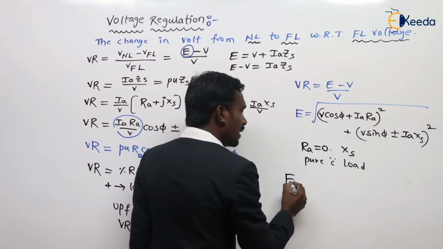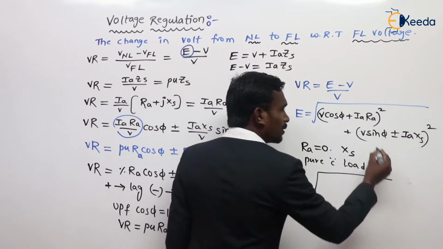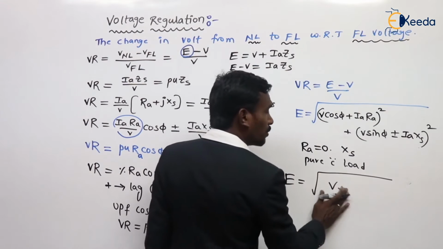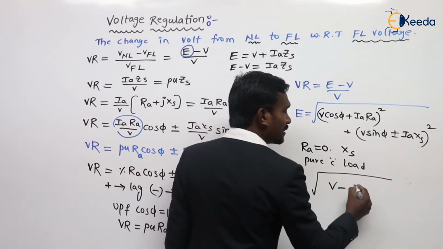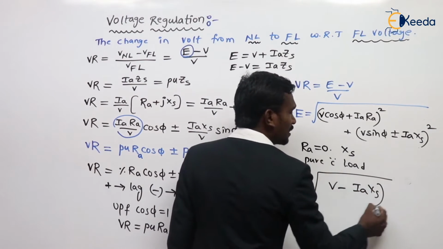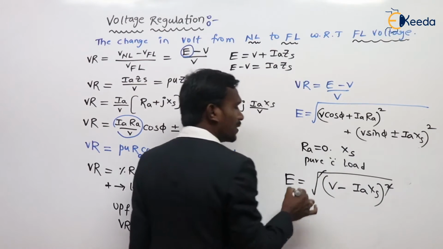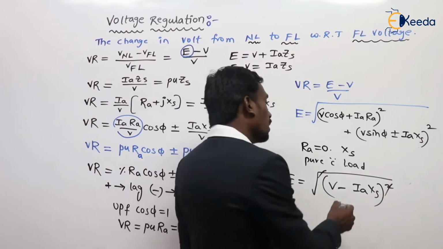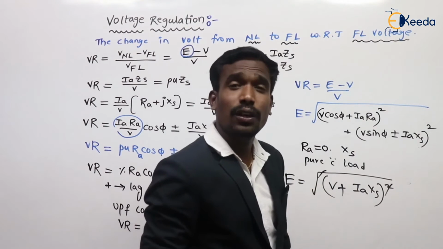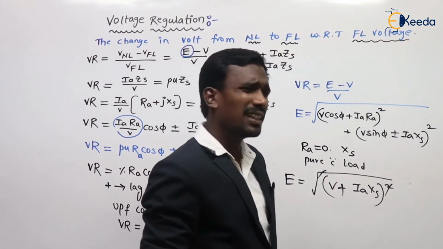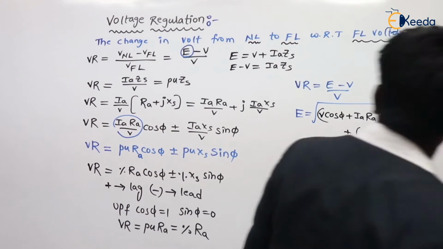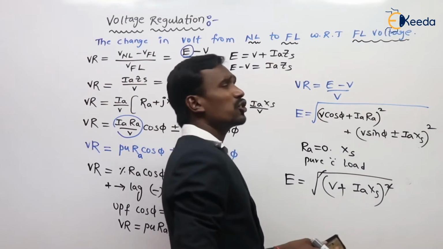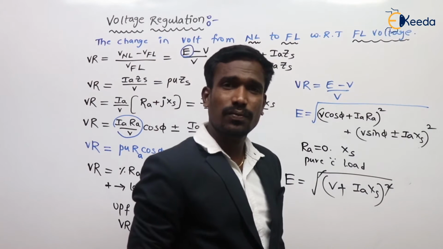So EMF is equal to the square root of (V minus IAXS) whole square, where the capacitive load makes it minus. These two get cancelled. So E is equal to V minus IAXS for a motor, and V plus IAXS for a generator. Like that, you have to calculate the EMF value, and after that you have to calculate the voltage regulation.